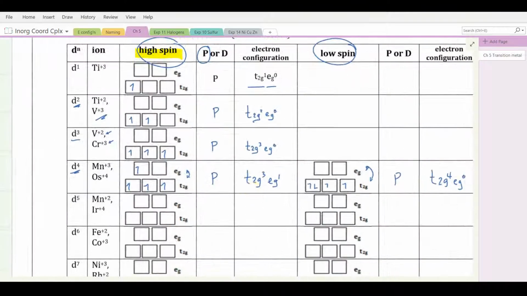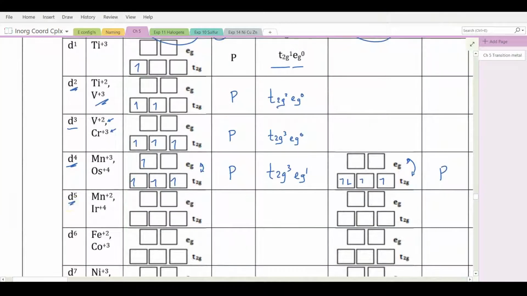Consider now 5 d electrons in an octahedral field. Examples would be manganese 2, iridium 4+. Again, in a high spin state, meaning with weak ligands, small crystal field splitting energy, electrons simply spread out. Surely that's paramagnetic. The electron configuration is T2g3 Eg2.